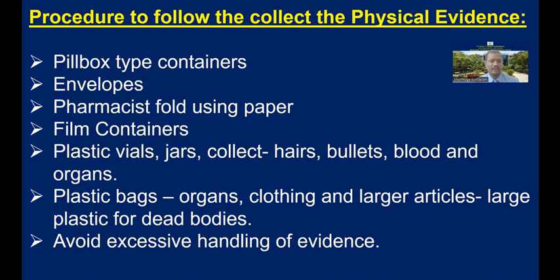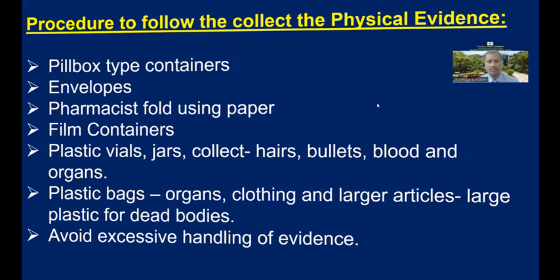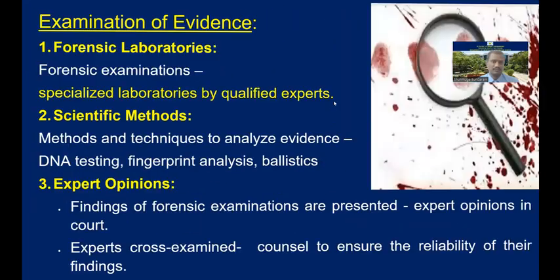Thermos, clean containers, plastic vials and jars collect hairs, bullets and blood. Plastic bags are used for organs, clothing and larger articles, and larger plastic for dead bodies. Avoid excessive handling of the evidence. These are the things we have to follow for physical evidence.